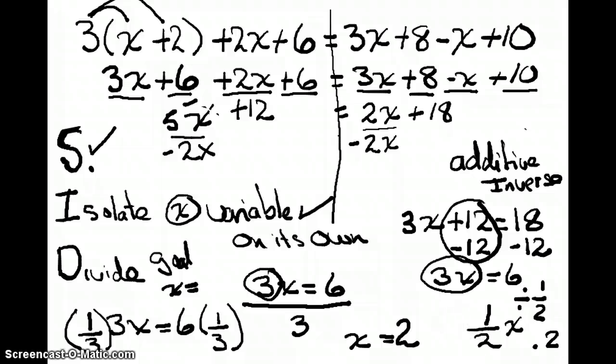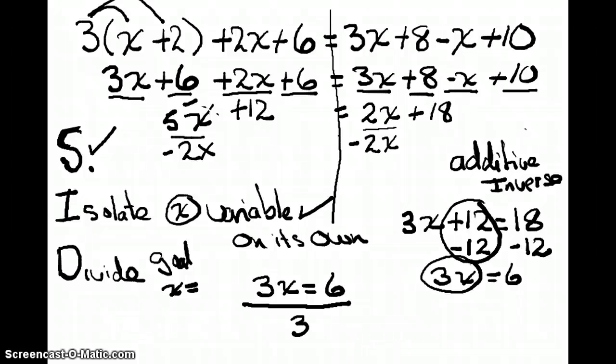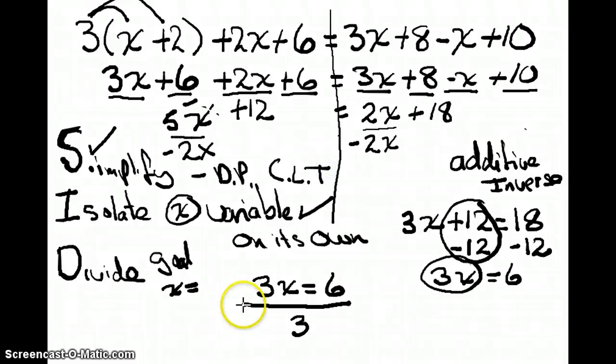All right, so that's a very, very large overview of what we're going to be doing for the next 2 weeks. I don't want you to panic if you don't get all the details. What I do want you to understand is that no matter what we do, we are going to simplify by using the distributive property and combining like terms.